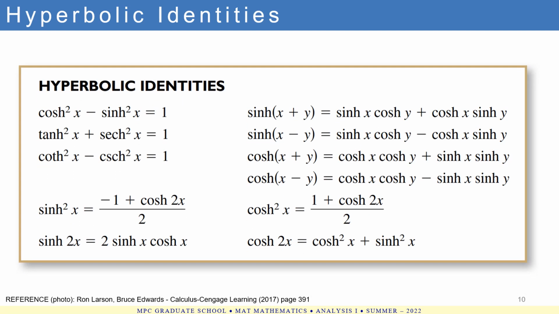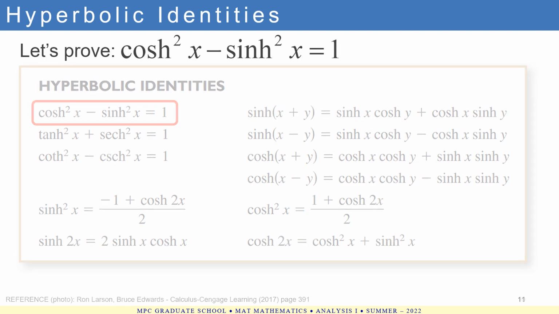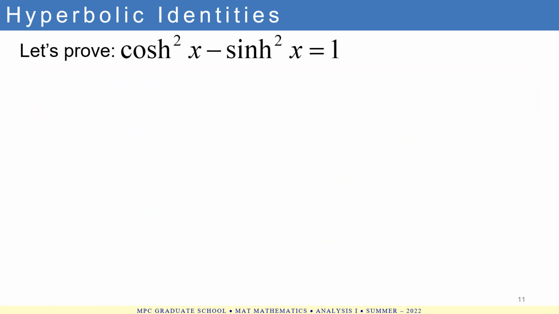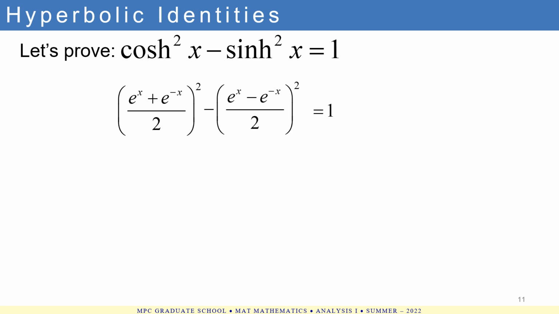Many of the trigonometric identities have corresponding hyperbolic identities. For instance, let's try to prove hyperbolic cosine squared x minus hyperbolic sine squared x is equal to 1. We will go back to our definition of hyperbolic functions. Hyperbolic cosine is equal to e to the x plus e to the negative x all over 2, and this is squared, so our definition will also be squared. Minus the definition of hyperbolic sine, and that is e to the x minus e to the negative x all over 2, also squared.